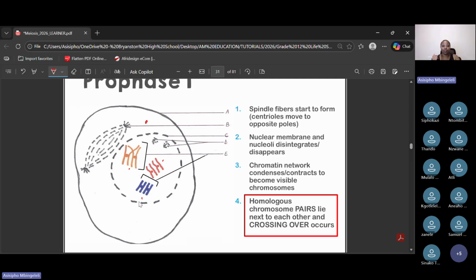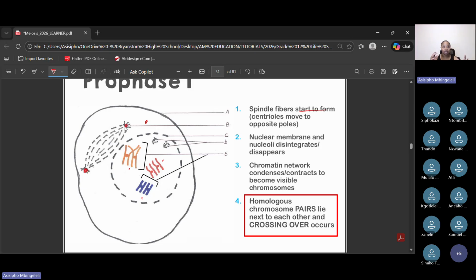You need to know how to draw this phase. You need to know how to identify the phase when you are given a diagram in a test. You also need to describe what is happening in that phase. The most important thing that you can mention here is what you see. What can we see? We can see the spindle fibers starting to form as the centrioles move to opposite poles.